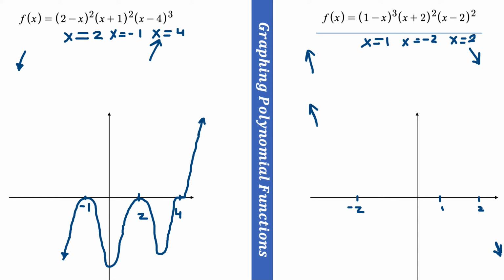So because it's even, the graph of the function goes down and is going to touch this point here, and then it goes up, and is going to have an intercept at 1. We are looking at 1 for the multiplicity of the zero, and it is odd. Because it's odd, it is going to cross here. But it is a little bit flat because the multiplicity of the zero is greater than 1.